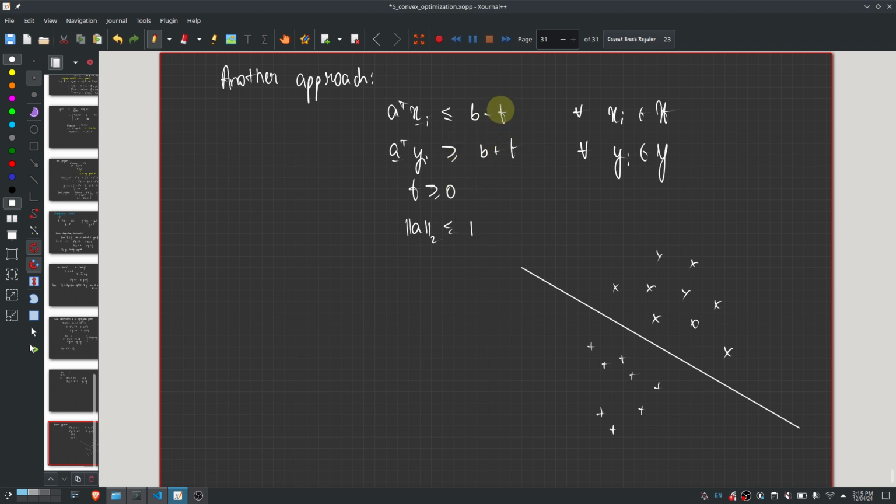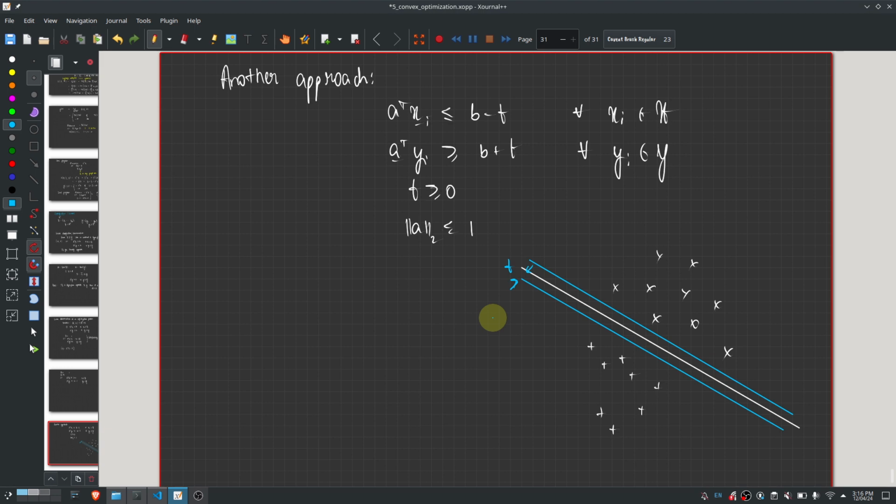But I'm also adding a kind of buffer on both sides, and the width of this is going to be equal to t.